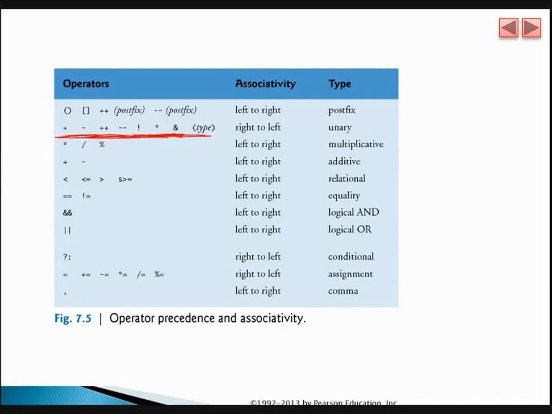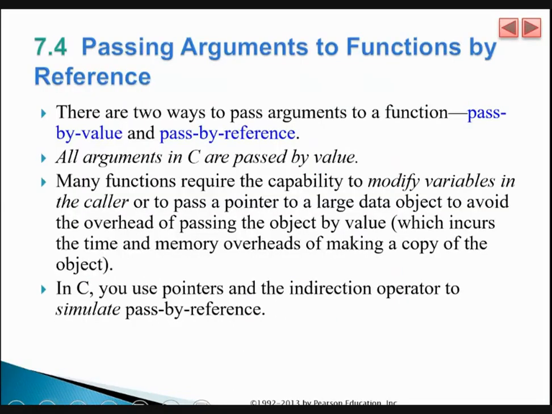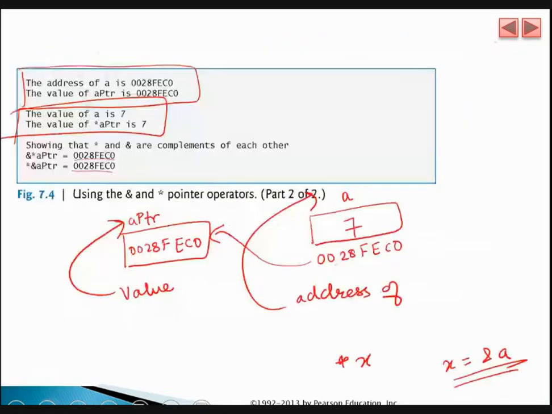All these are unary operators, and they will work from right to left. They will not go from left to right. They will go from right to left. Any question? No, ma'am. Okay.